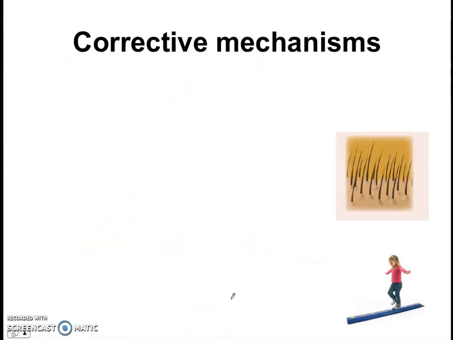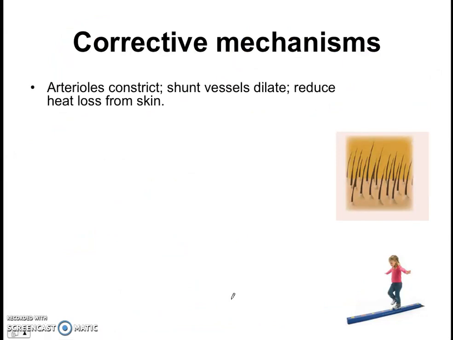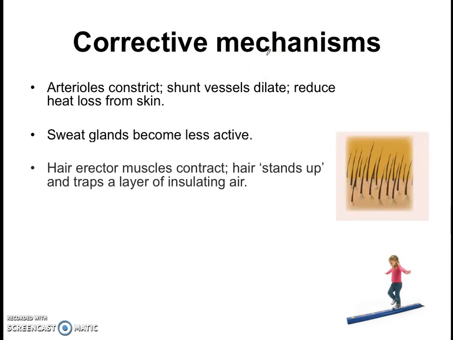Alright, so what are the corrective mechanisms when it gets too cold? Firstly, we want to reduce the amount of heat loss from the skin. So hopefully you recall that this requires the arterioles to constrict and the shunt vessels to dilate. So less blood will flow to the blood capillaries near the surface and less heat will be lost. Secondly, the sweat glands become less active.